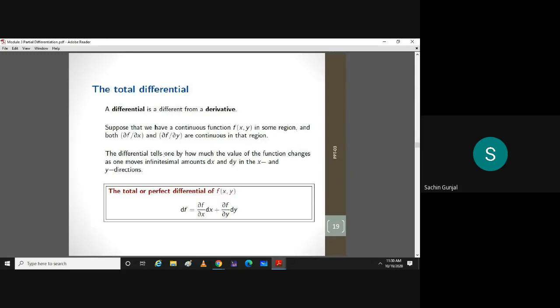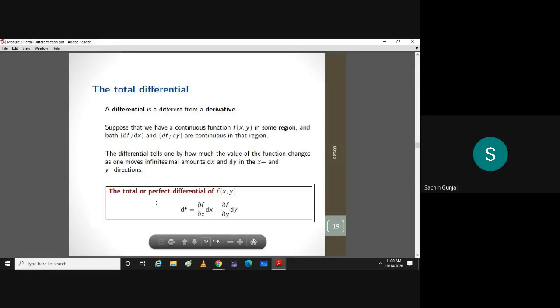Then the differential tells us how much the value of the function changes as one moves infinitesimal amounts dx and dy in the x and y directions. That is called the differential or small change in function f, and it is denoted by df.